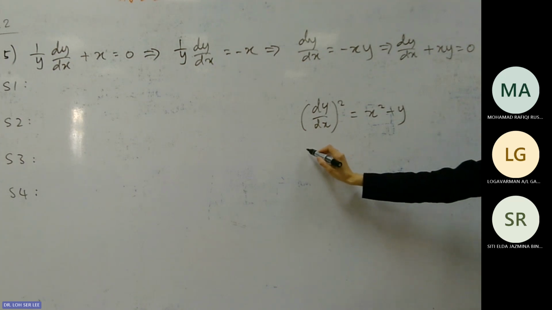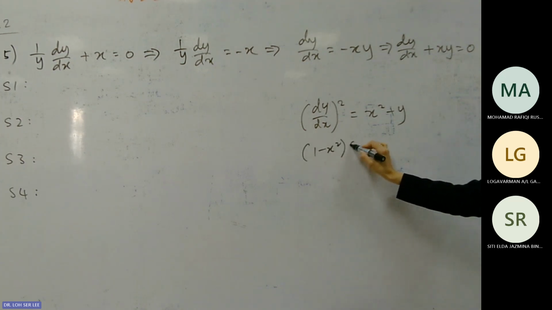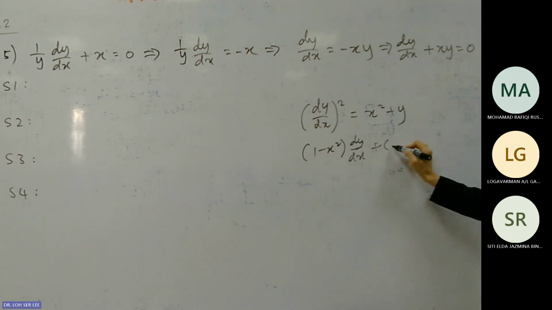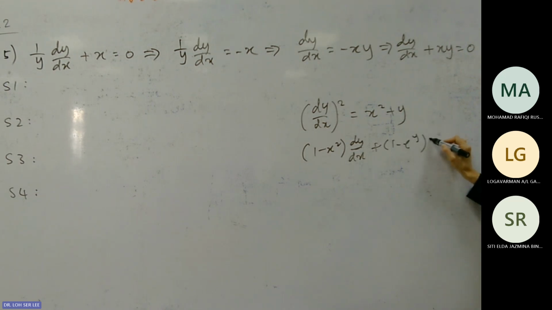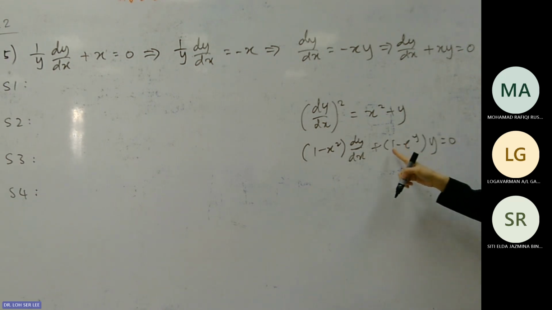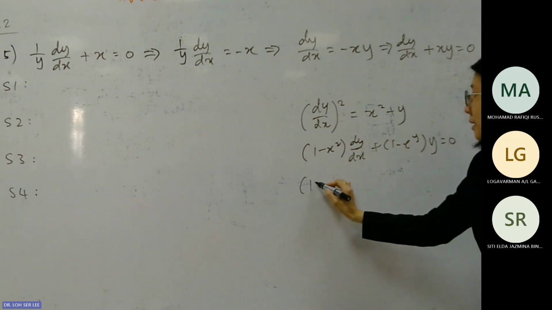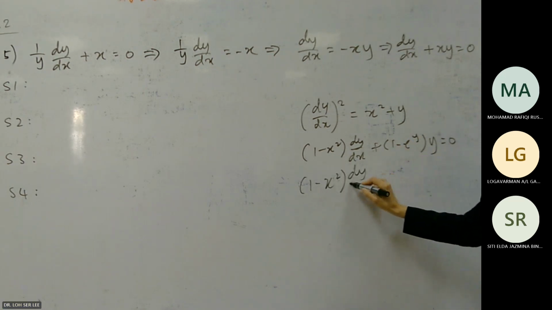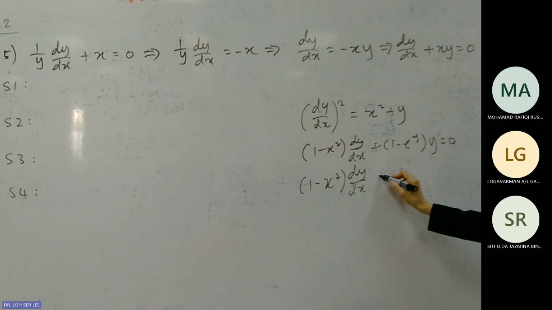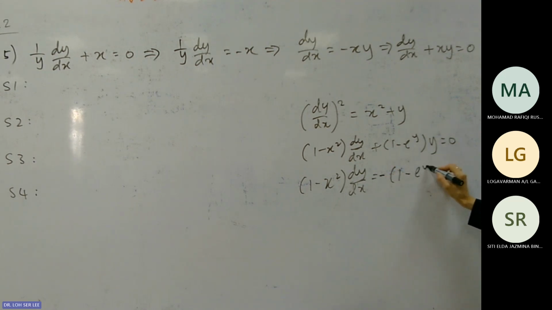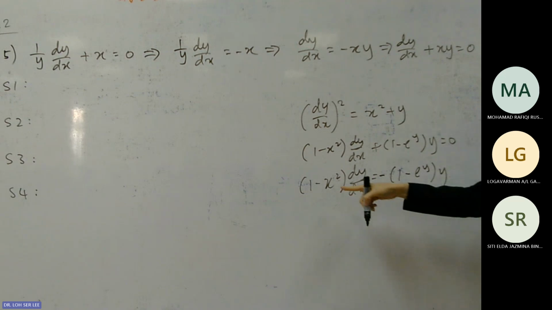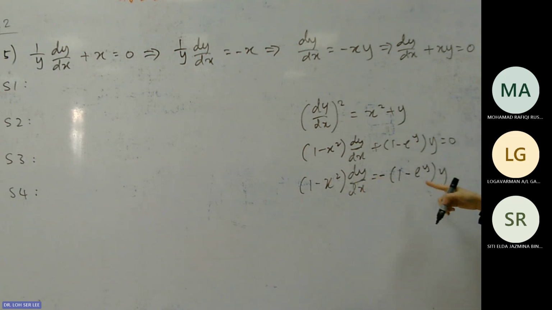And number 4 just now is (1 minus x squared) dy/dx plus (1 minus e^y) y equals 0. Even though this is 0, if you move this to the right, negative 1 equals negative 1 minus e^y y. No matter how you rearrange, you still can't get the linear.